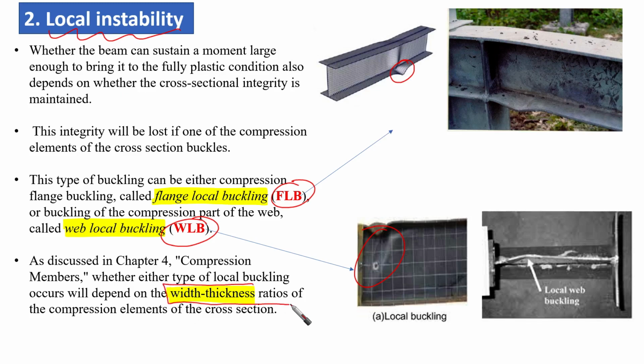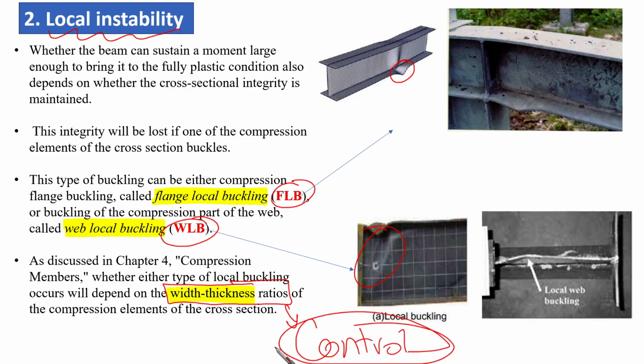Exactly, width to thickness ratio. We need to control the width to thickness ratio. So if I ask you, at the end, what are the measures that you should take in order to restrain global instability? Number one is bracing, whether it is stability bracing or torsional bracing. However, the measures for resisting local instability are through width to thickness ratio control. This is what you should know.